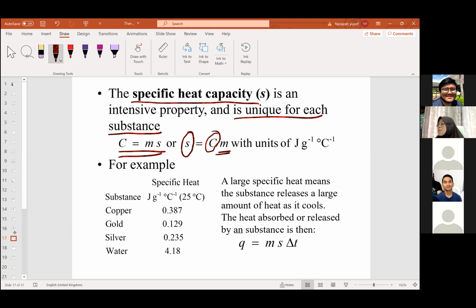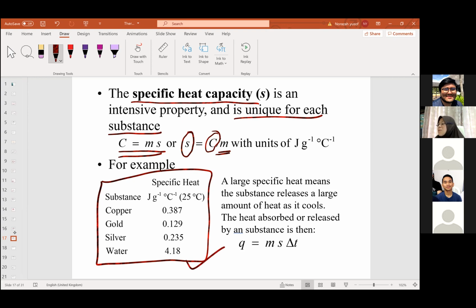So these are examples of the unique property of certain materials. This is a tabulated value, meaning that you can find the specific heat capacity for copper, gold, or any other material. It has been tabulated.